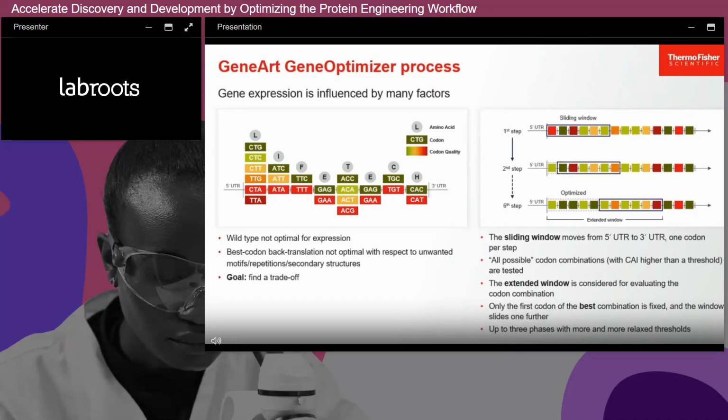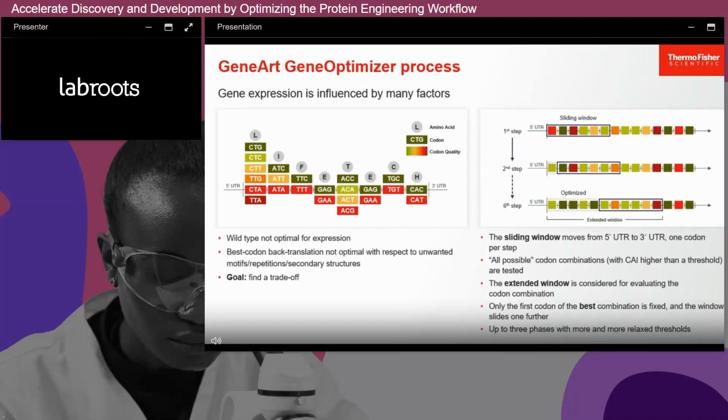On the right side of the slide, you see how the gene optimizer actually works. All possible codon combinations are tested, but not over the entire sequence at once. The algorithm takes a small window and checks in this window the best codon combination. The first best codon is locked down, and then the window slides from 5' to 3', and the operation of searching for the best codon is repeated over and over.